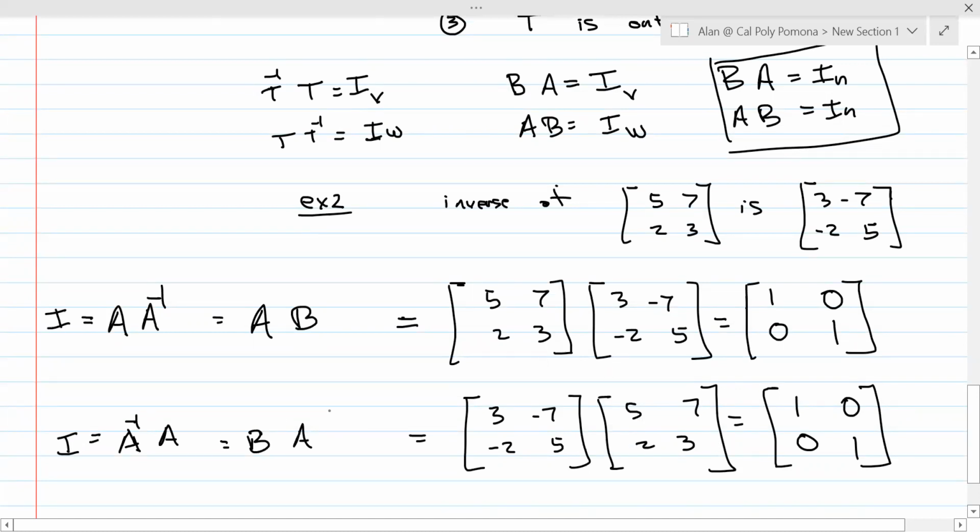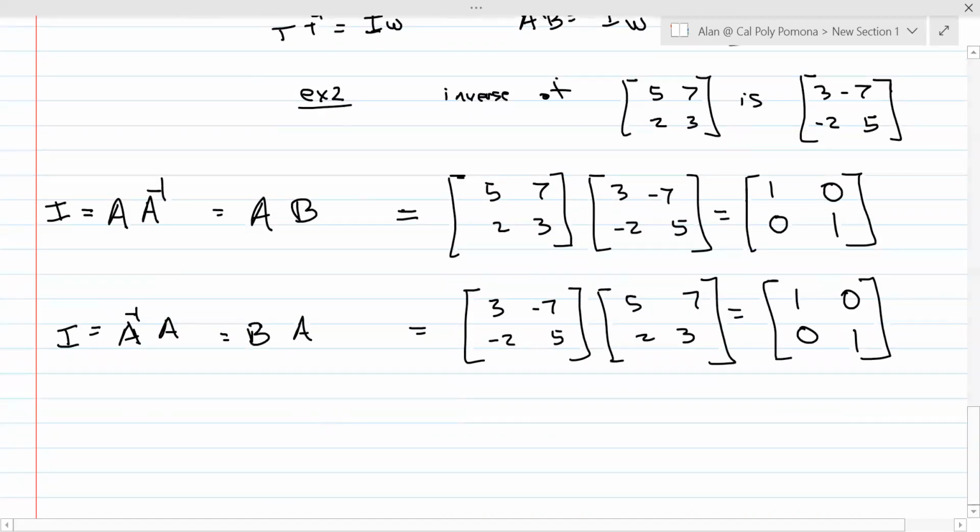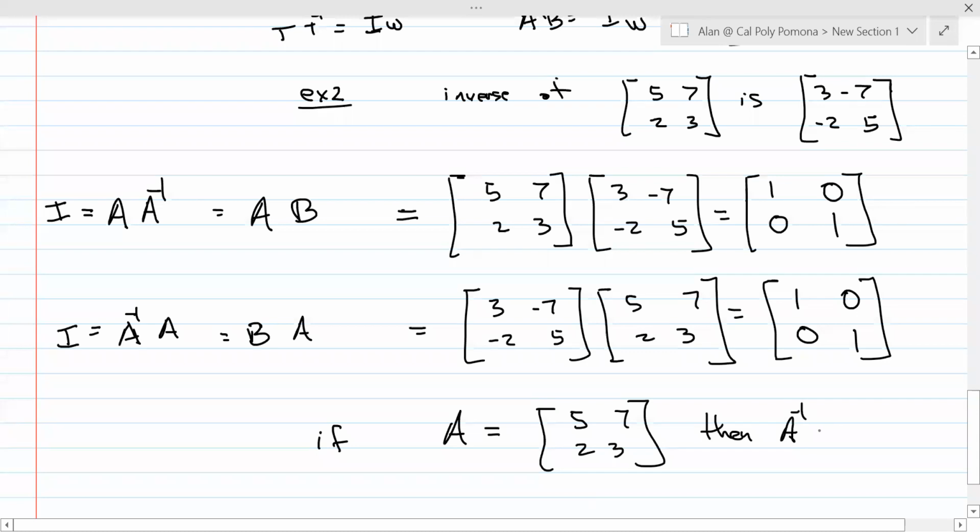So in this context, what can we say? We can say, if A is equal to 5, 7, 2, 3, then A inverse would be equal to the other one here, 3, minus 7, minus 2 and 5.